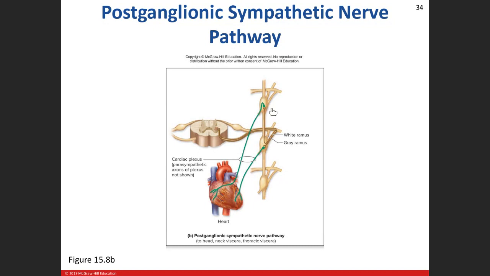It's going to come directly out of that sympathetic ganglion and head to the effector organ. That's the one that's different. This is called the postganglionic sympathetic nerve pathway. So that's the second of the 4 pathways that we're going to learn about.